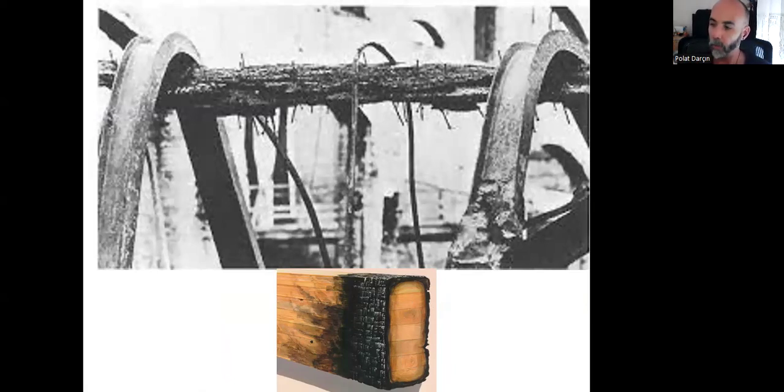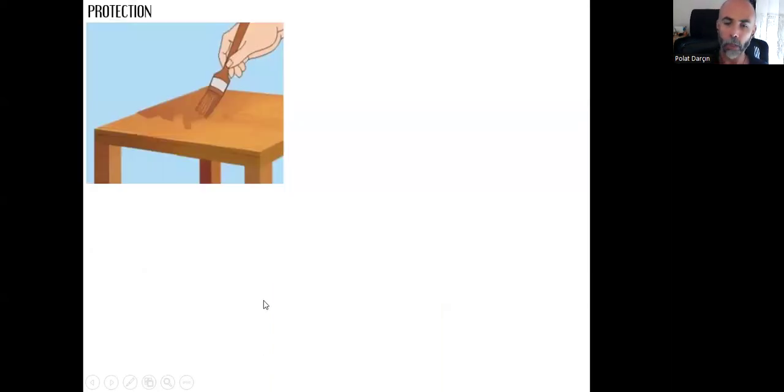That means that we have lots of time before the whole structure starts to collapse, so that we can evacuate the users. This is an image that shows the timber beam. It's still standing, but because of the high temperatures in the fire, these steel beams melted and collapsed.